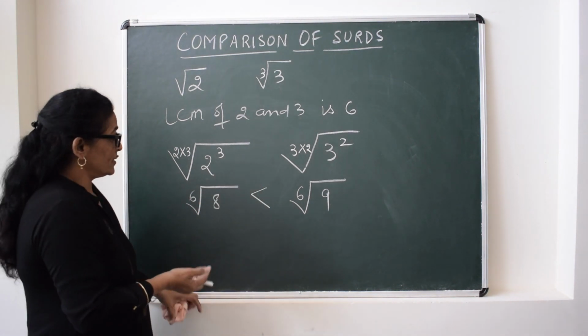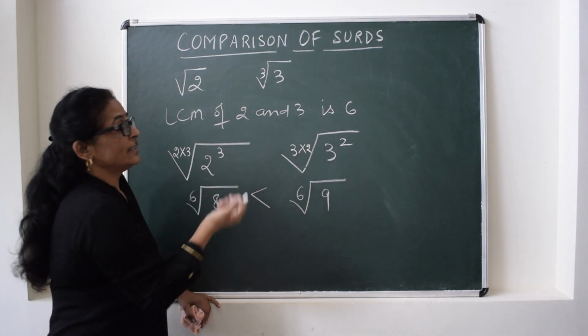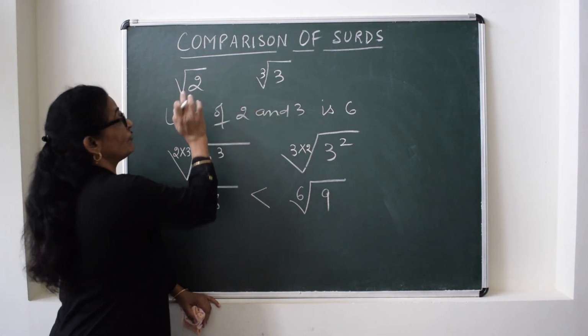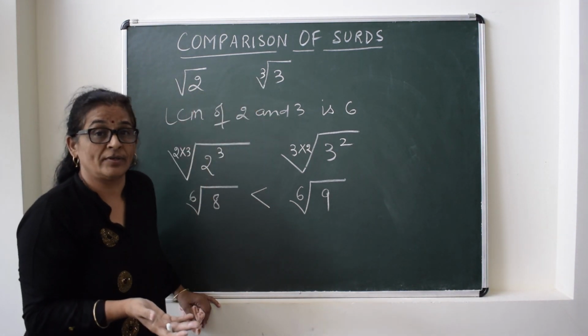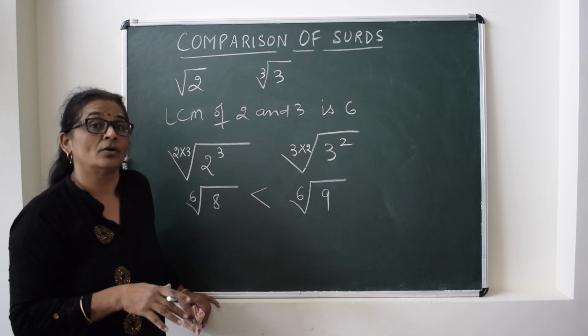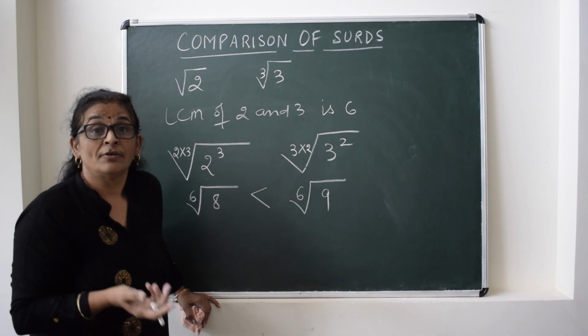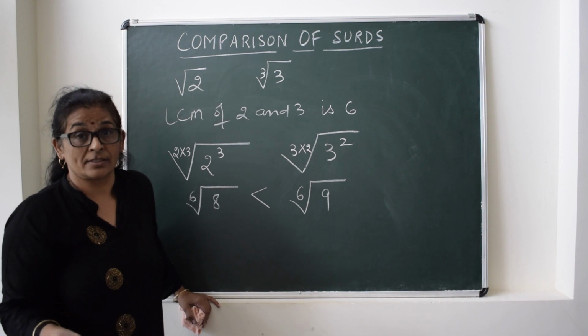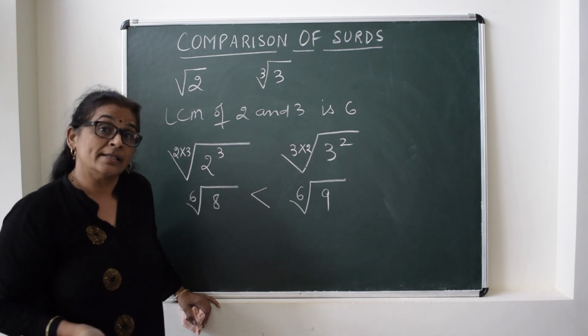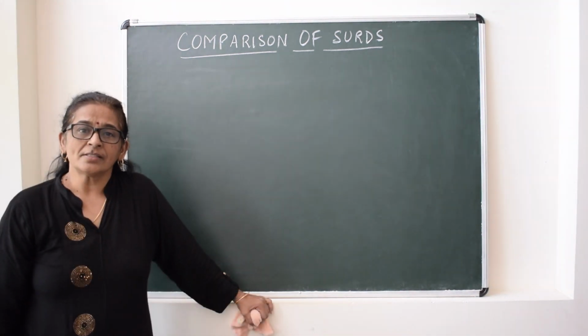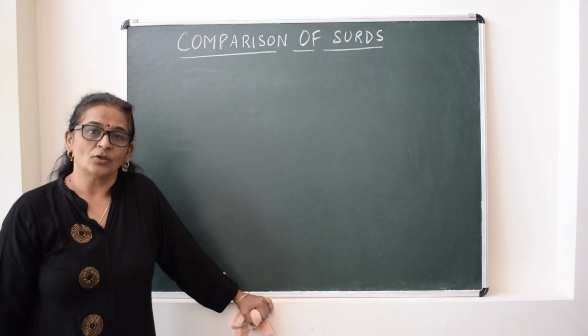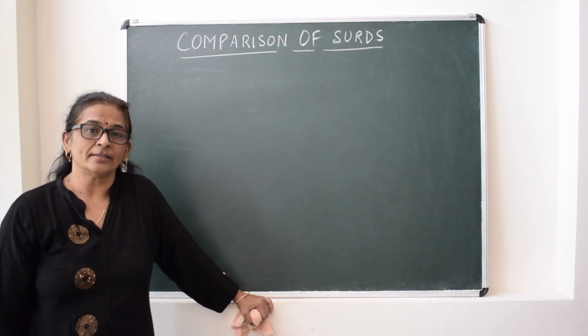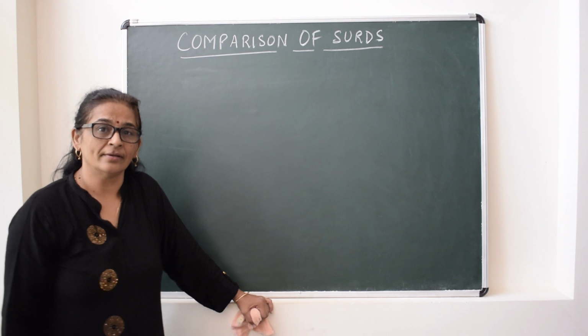If two surds are given, then you will find out the LCM of both the orders. If more than 2 surds are also given, then too we can compare, or sometimes the question is asked, write the given surds in the ascending or descending order. If the given surds are to be arranged in ascending or descending order, we will equate their orders and then we will write.